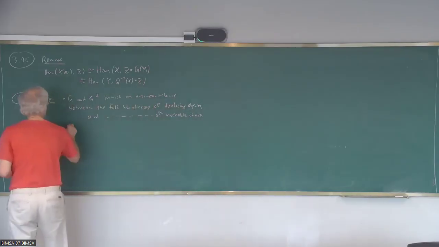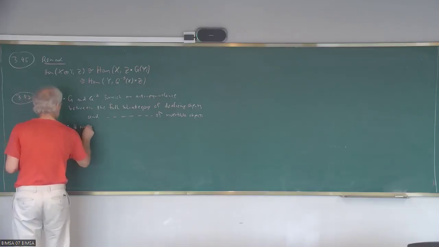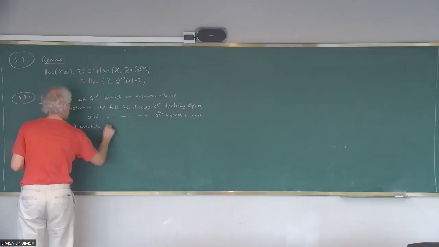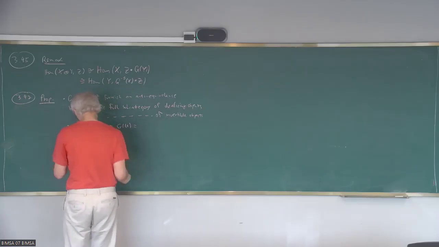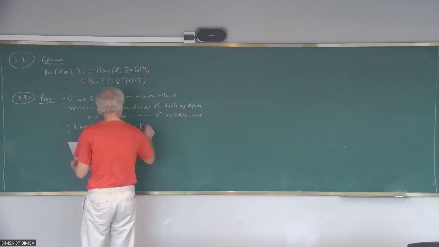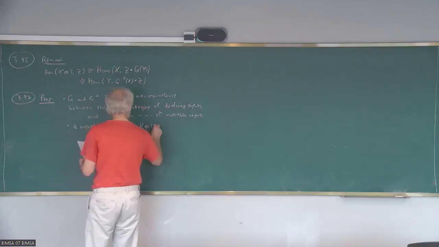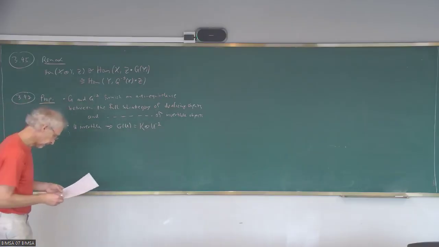And also some other related statements. So, for example, if U is invertible, it follows that G of U is K tensor, the right exact tensor product, times U inverse, and similarly for G inverse.